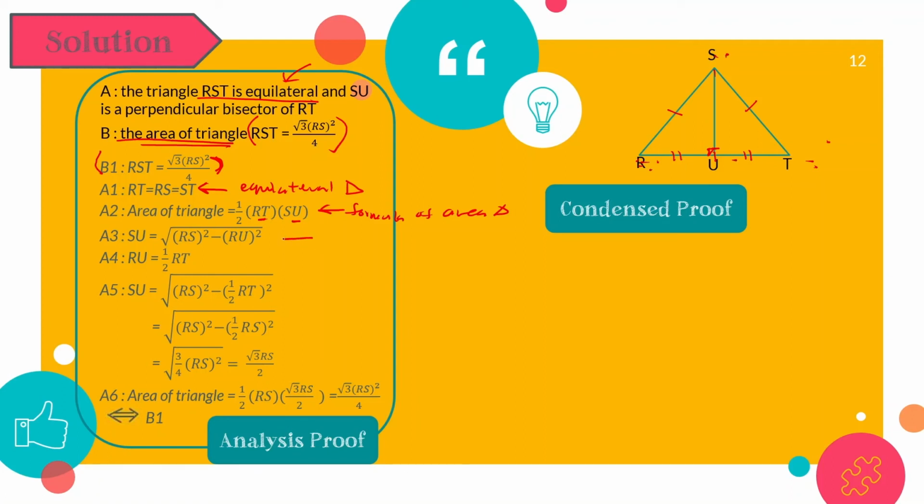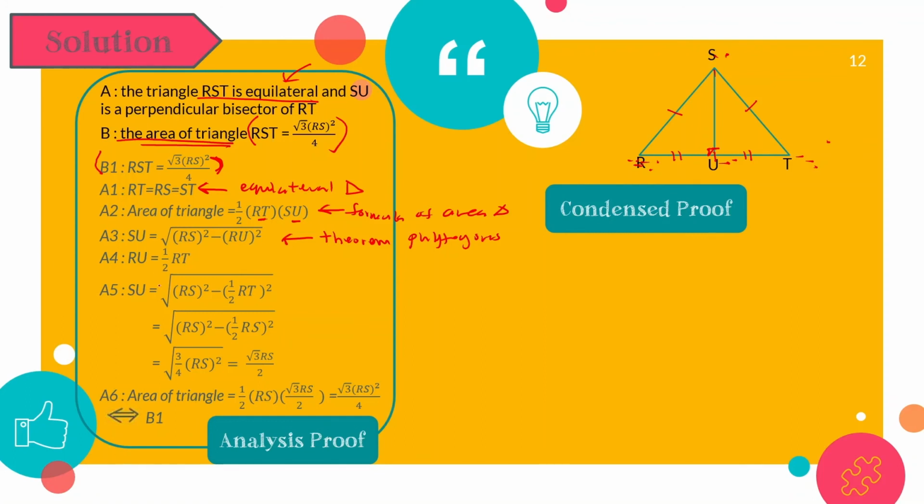This is the theorem of Pythagoras. Okay, you want to find SU. So RU is equal to half RT, since it is a perpendicular bisector.